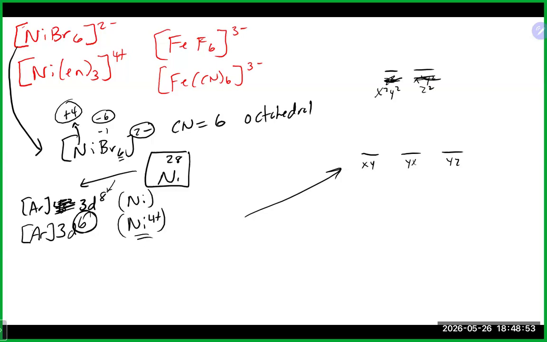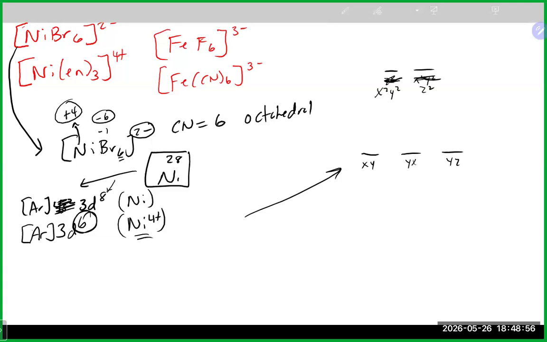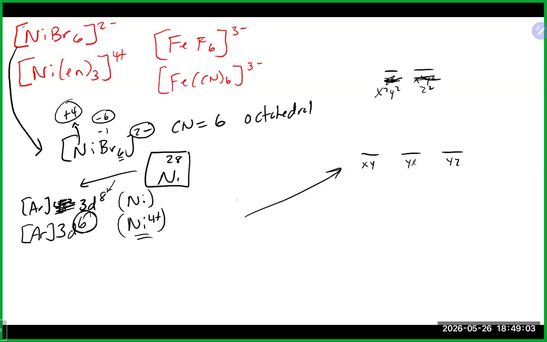All right, so the way this is going to happen in this situation because of that splitting, we're going to distribute those 6 electrons. We're going to go 1, 2, 3. Once again here, this is going to be a weak field splitting of the bromide. And that means that the upper orbitals are not too far up there, so they'll just go in like normal. And we'll then pair off down here.